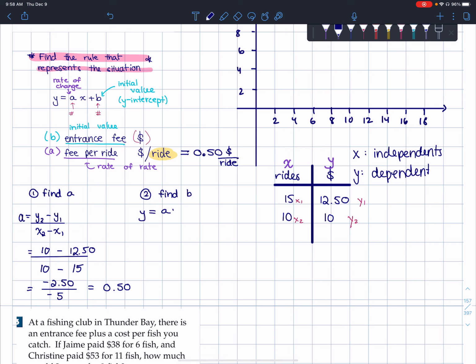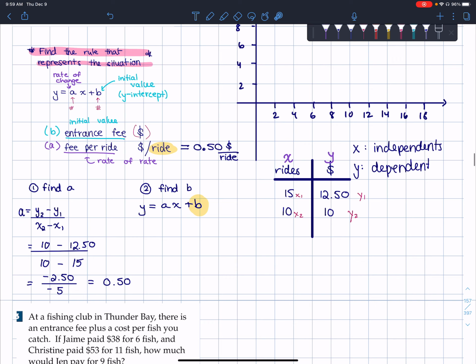So we start with y equals ax plus b, and we put in what we have to find what we're looking for. So remember, what we're looking for is b because that's the entrance fee. Y is going to be a number of dollars. So we can use Julie's numbers because they're a little easier.